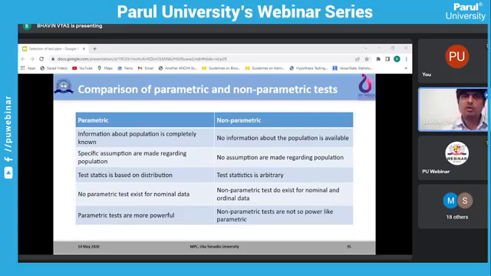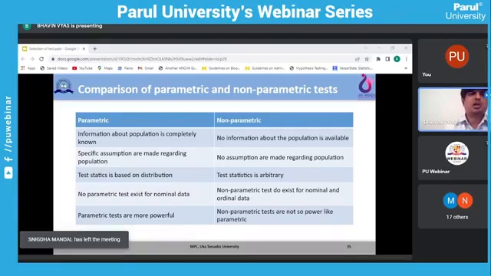If you have ordinal or categorical data, you go for non-parametric, because generally they don't follow normality. So this is a general rule for which type of test I should go for.